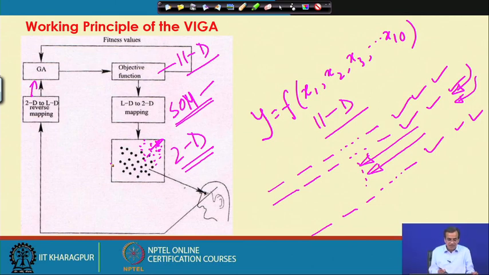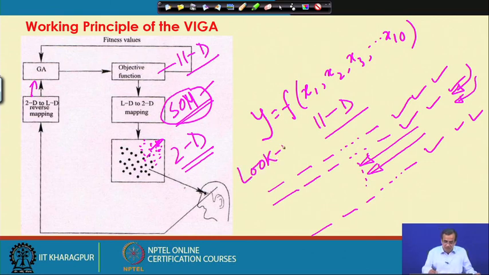Now, as I told, for this LD to 2D mapping, supposing that I am using self organizing map, which is going to keep this information of LD to 2D intact. But supposing that in place of this self organizing map, I am going to use, say, Sammon's nonlinear mapping or, say, Weiser algorithm. Now, in that case, we will have to maintain one lookup table.